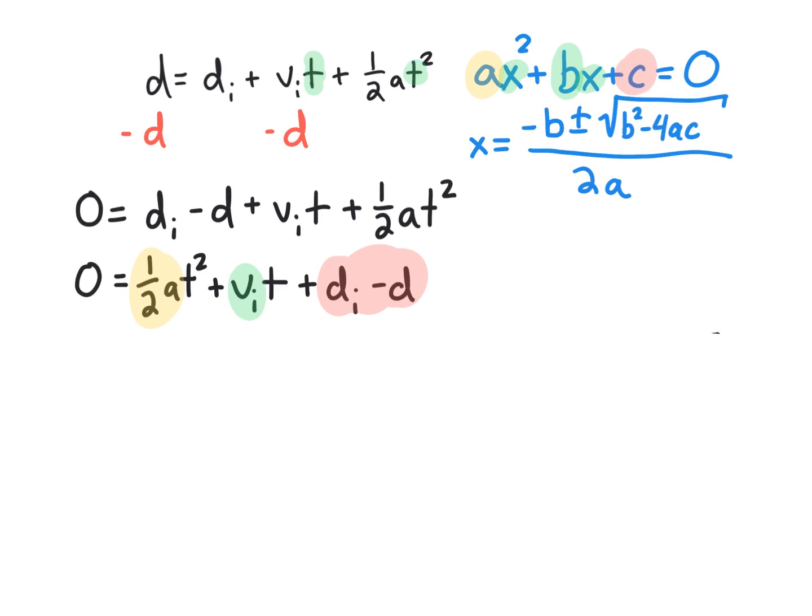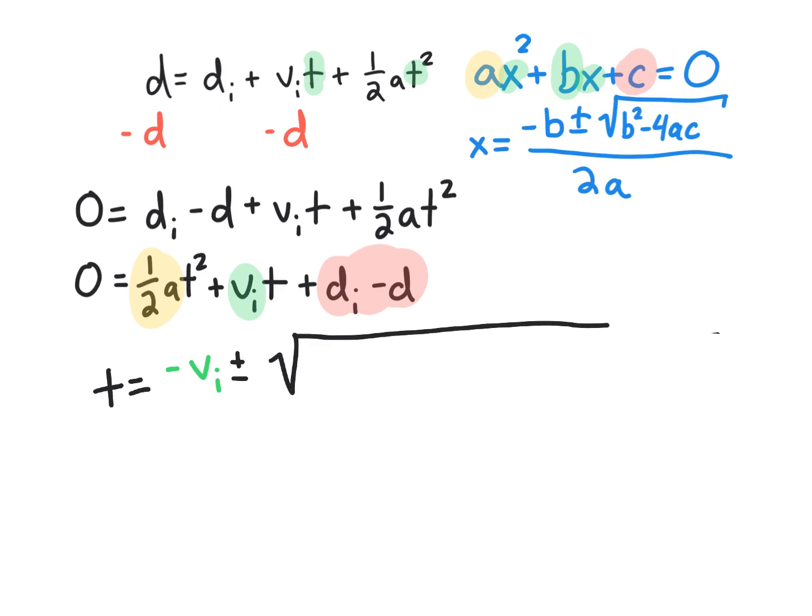So I have it matching up my equation up at the top right. So to solve for t is going to equal negative b. B in this case is what's multiplying the t by itself. So that's v sub I, negative v sub I, plus or minus the square root of b squared.